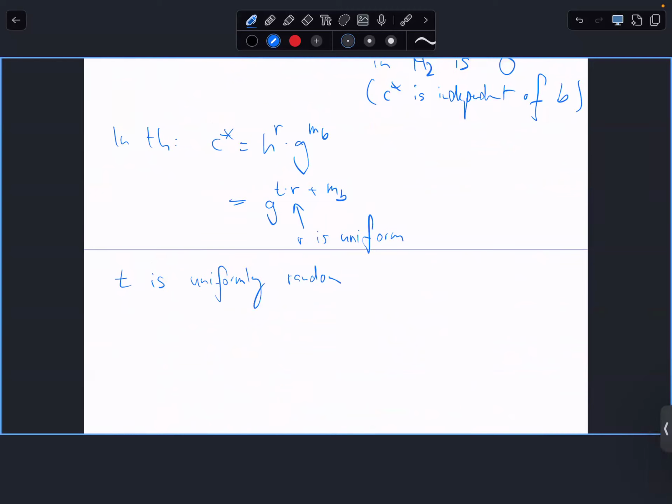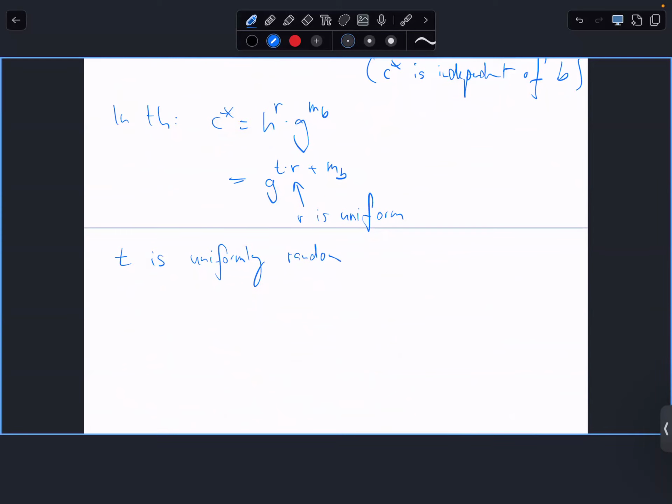So we're in the group G, what's the order of the group, capital G? Yes, N. It's lowercase n, exactly.